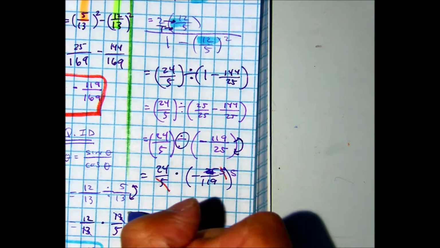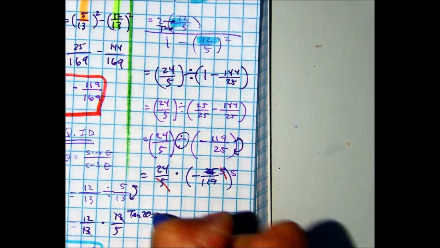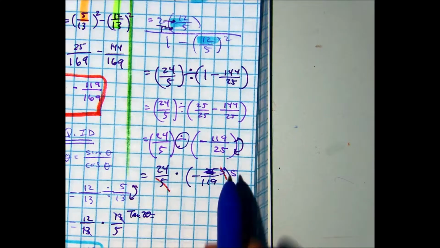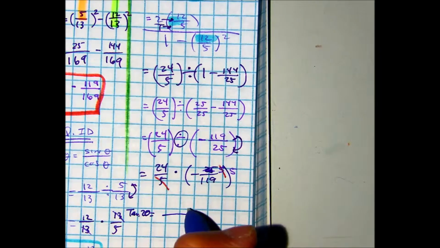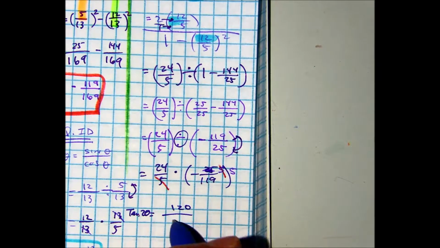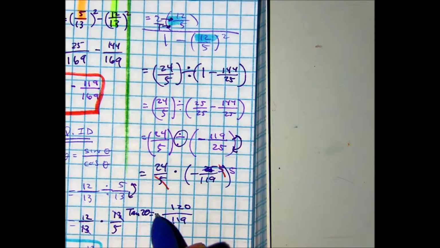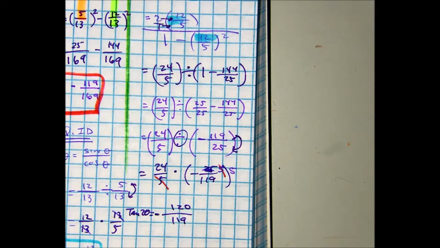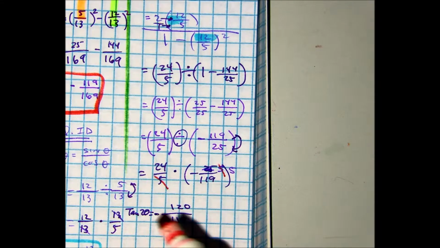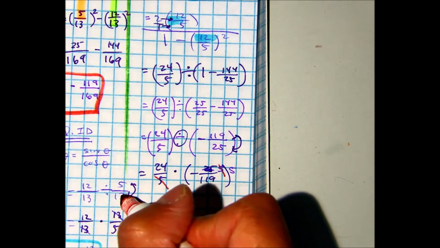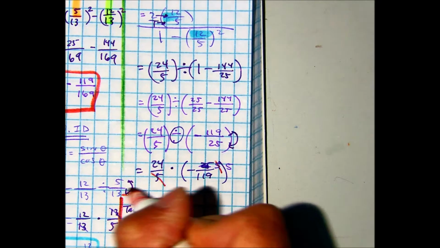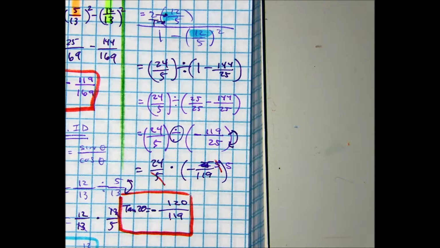Therefore, tangent of 2 times theta equals 24 times 5, which is 120 over 119, and that is negative. Now remember, this is twice the angle, so you're not in quadrant 1. You'll be in quadrant 2.